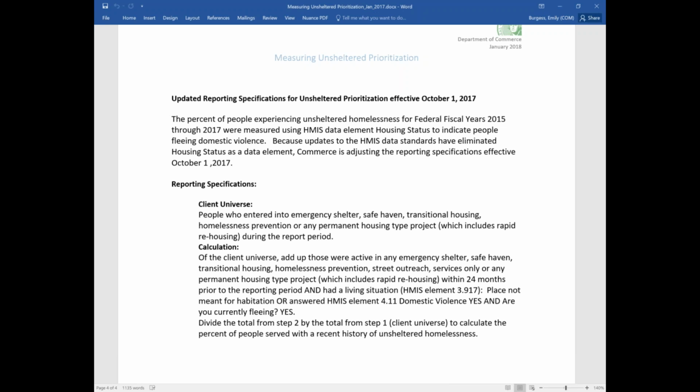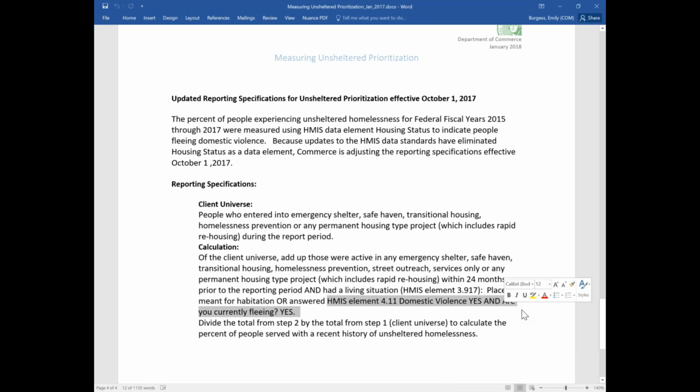Because the HMIS data element housing status has gone away, we cannot use that to measure unsheltered anymore. So to identify who is fleeing domestic violence, we're going to have to look at the questions about being a survivor of domestic violence and currently fleeing.